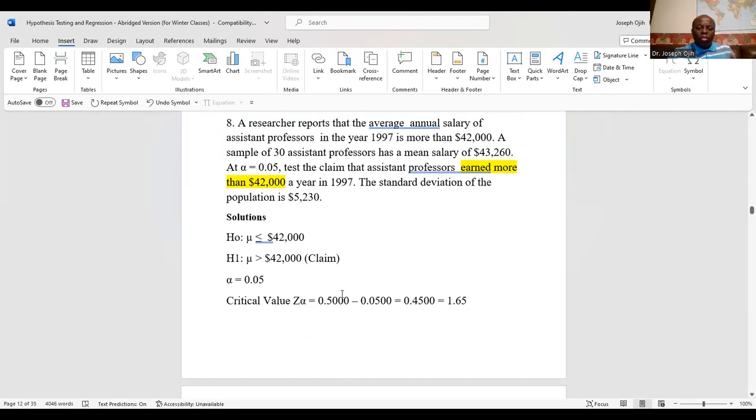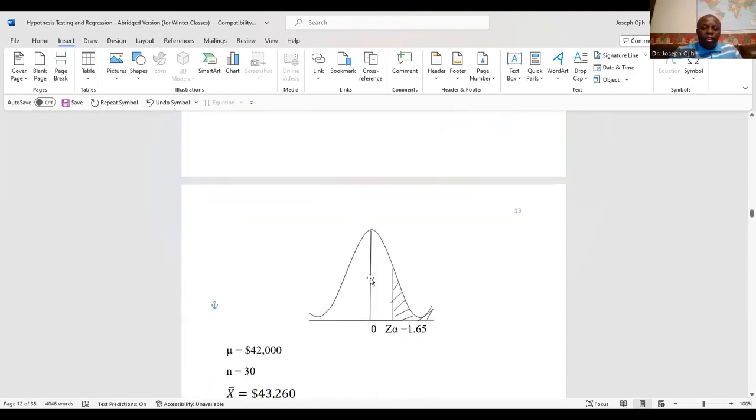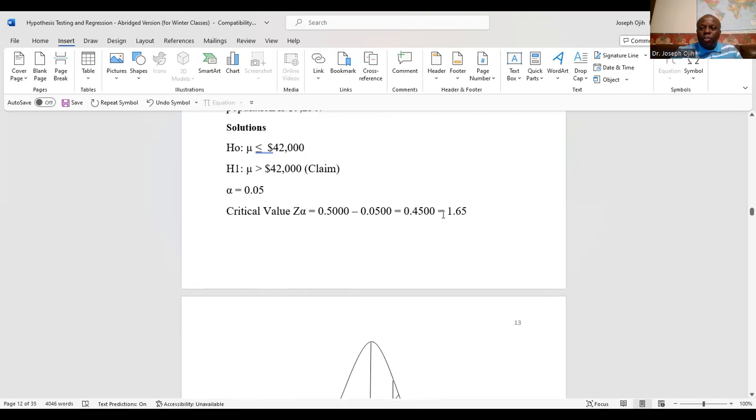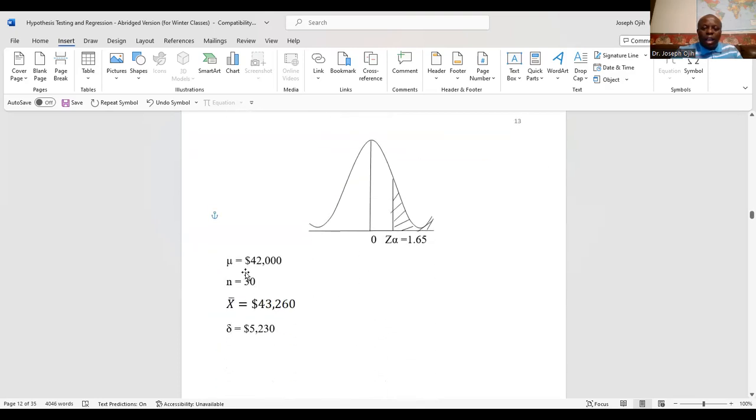It's 1 tail, so it's just Z alpha. Then you make your chart, put your critical value in the right position, since you get it from the table of normal distribution. Then write out the values you are given, the summary statistics. Then you run the test. Let's run the test now. Let me write this down first of all. I got sigma 5,230.